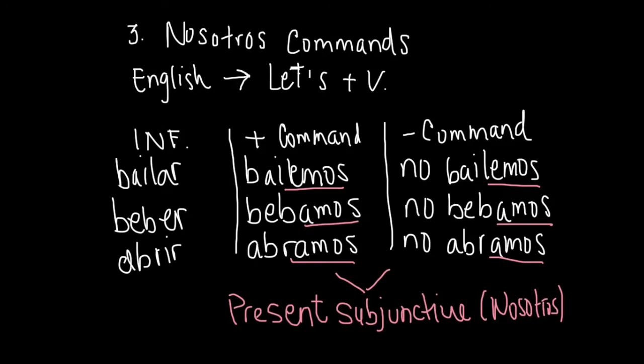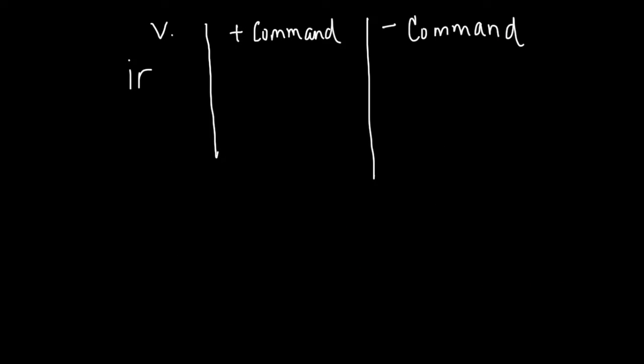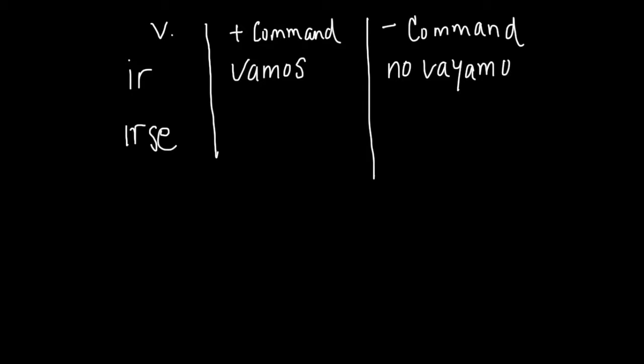So now we're going to take a look at the verb ir and irse. The positive command in the form of nosotros would be vamos. The negative command would be no vayamos. The verb irse, the affirmative command, vámonos.